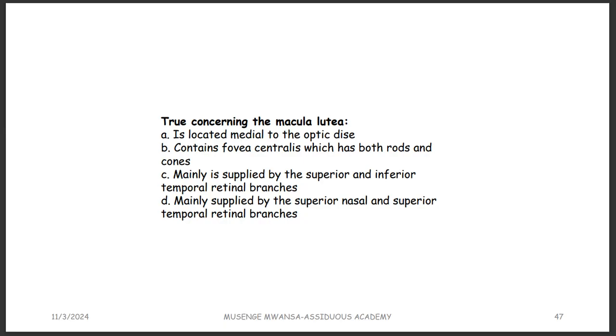And then on the blood supply, doc, what do you remember? Okay. So since already we are saying that the macula is lateral to the optic disc, expect it to be supplied by the temporal branches, isn't it? Because it's on the lateral aspect.